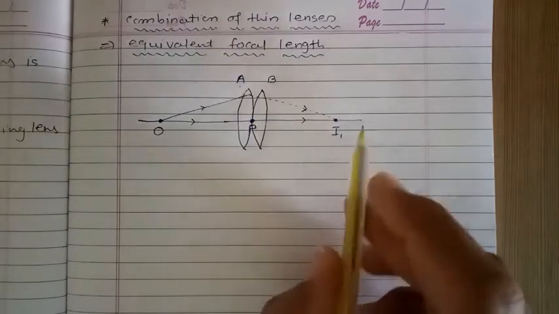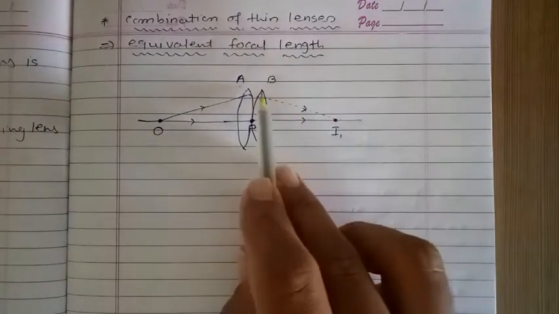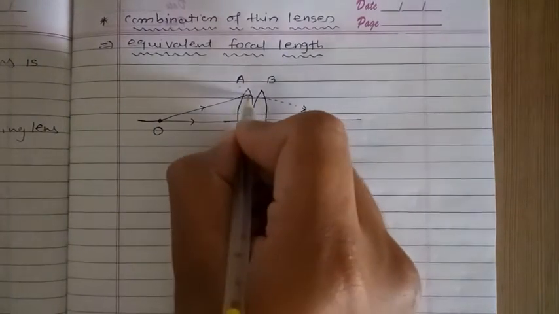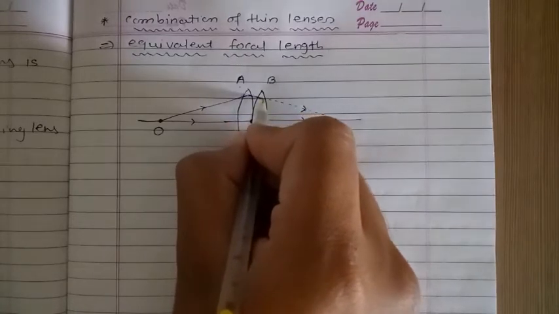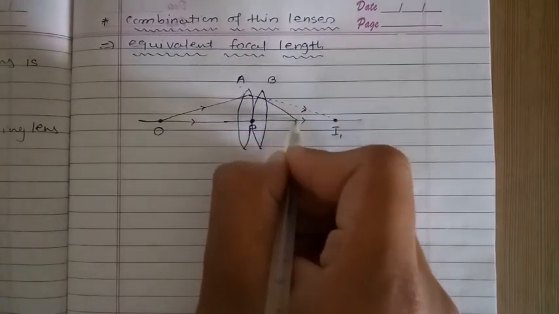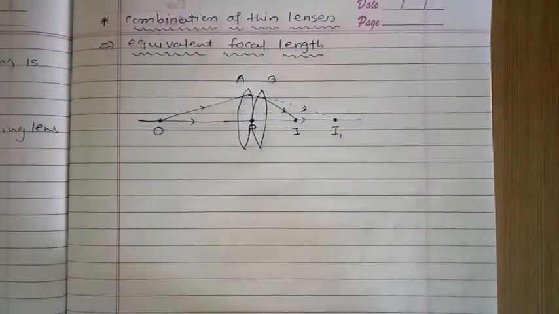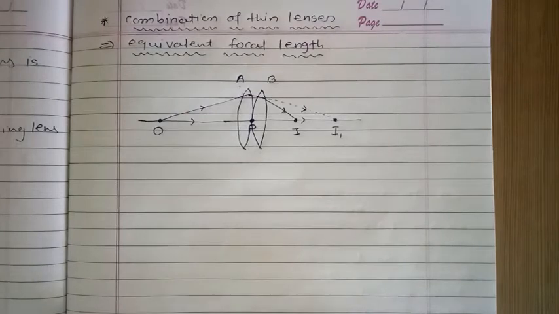I repeat, this image acts as a virtual object for lens 2 and finally we get our final image I, right? We already discussed this in the last session, right? We know how to obtain an image with two surfaces. This is the same concept, right?